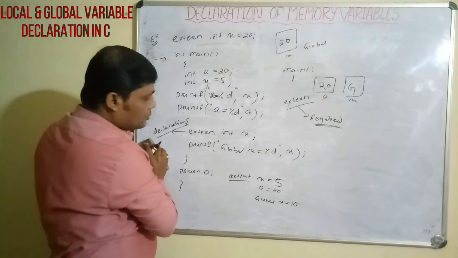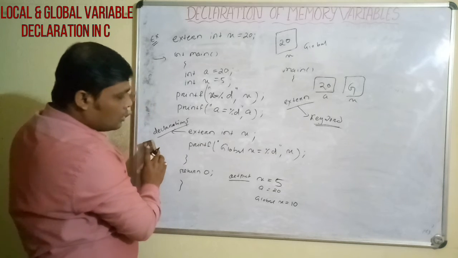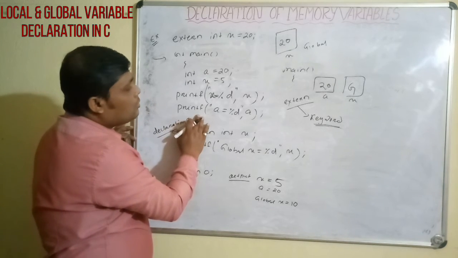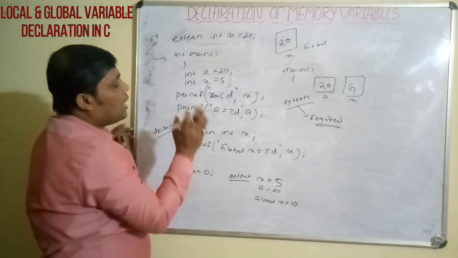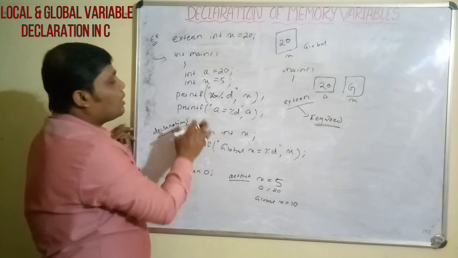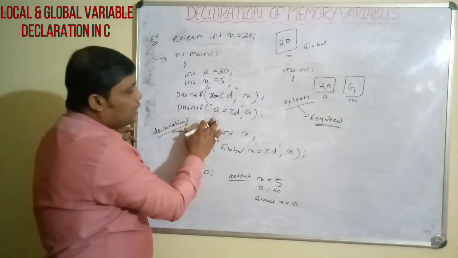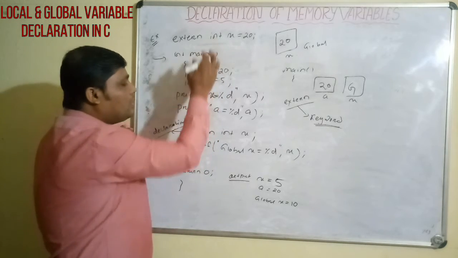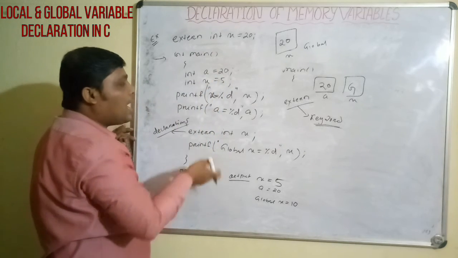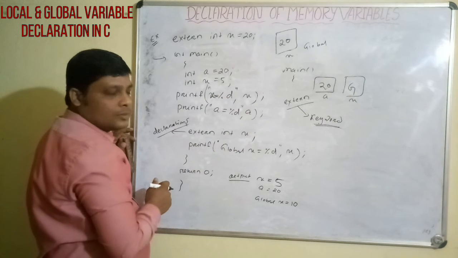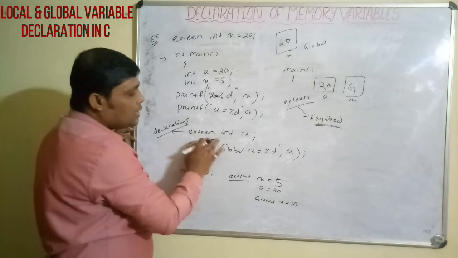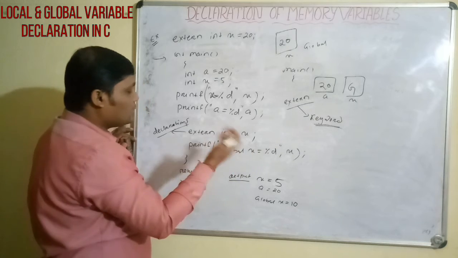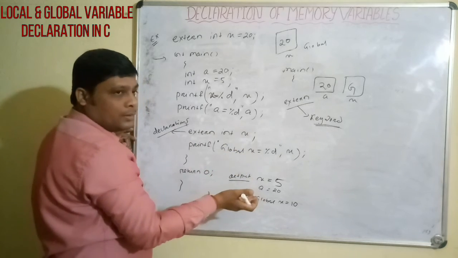This is how I can access the local variables and global variables. Also, if the name of a variable is the same in local and global, then how can I access it? Clear? By using the extern keyword. Extern variable means we are just declaring.